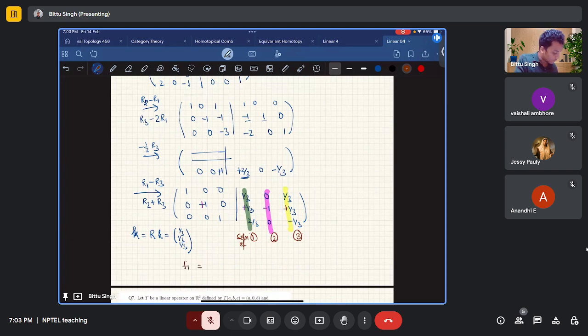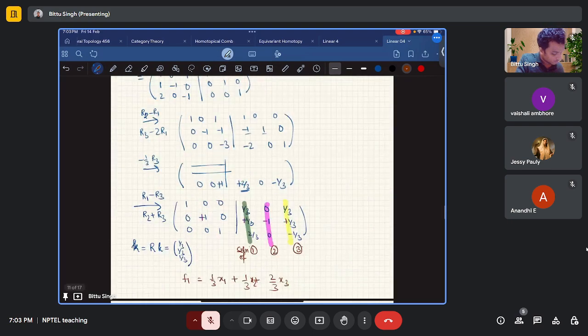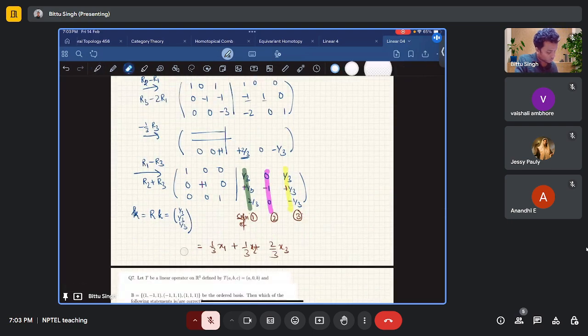So f1 is same as 1/3, 1/3, 2/3 times x1, x2, x3. Right? F1 of x1, x2, x3 is given by this equation, or maybe ABC. So it is better to write ABC.